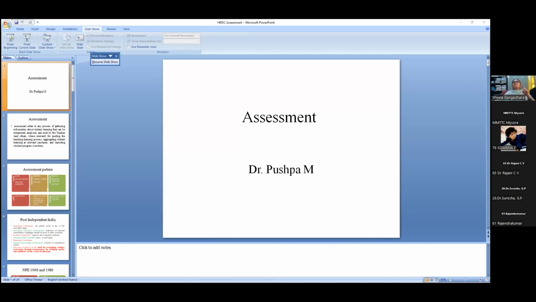From summative to formative, and instead of testing rote memorization, go for competency-based testing. So we have to shift from rote memorization to competency-based, and from summative to formative.